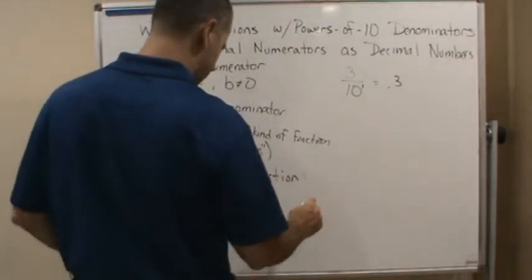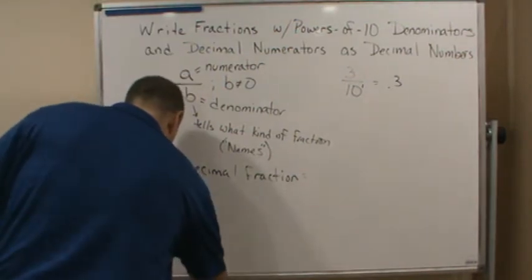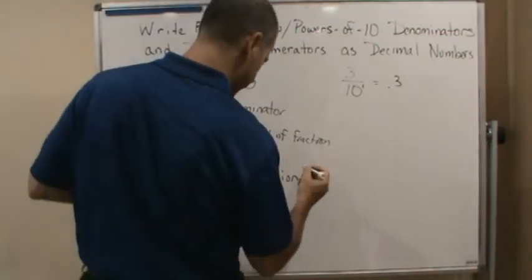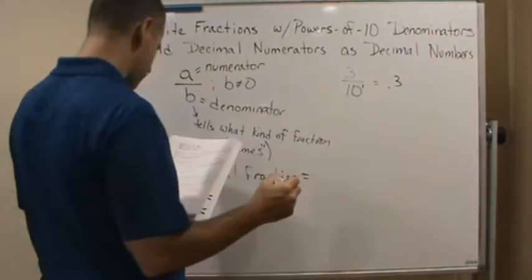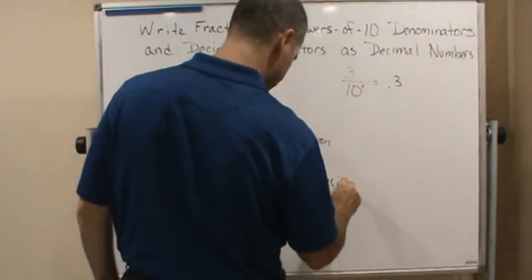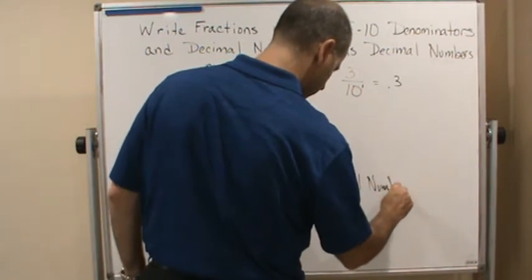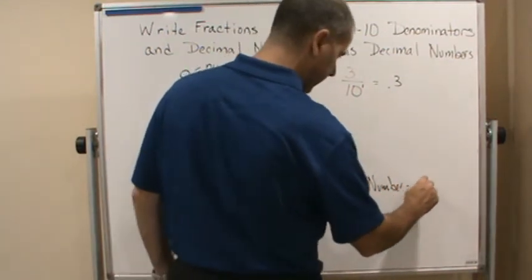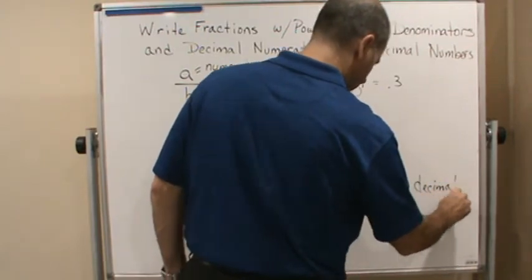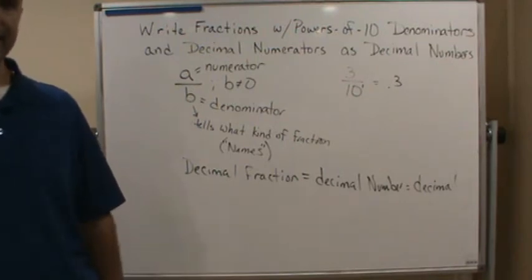Decimal fraction is also the same as what we call a decimal number, sometimes called a decimal number, or just simply decimal. So basically we're taking a fraction and we're writing it as a decimal.